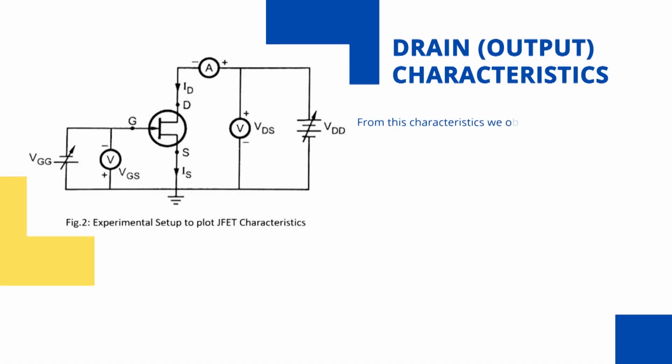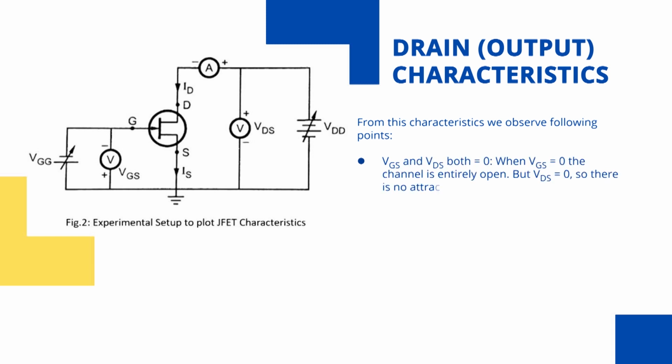From these characteristics we have observed the following points. VGS and VDS, gate source voltage and drain source voltage, are both equal to 0. When VGS is equal to 0, the channel is entirely open, but here VDS is 0.